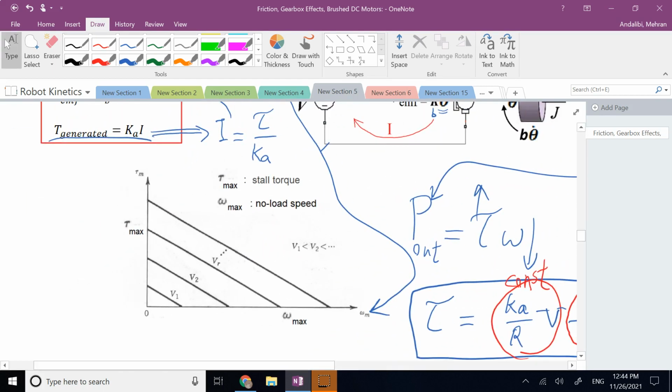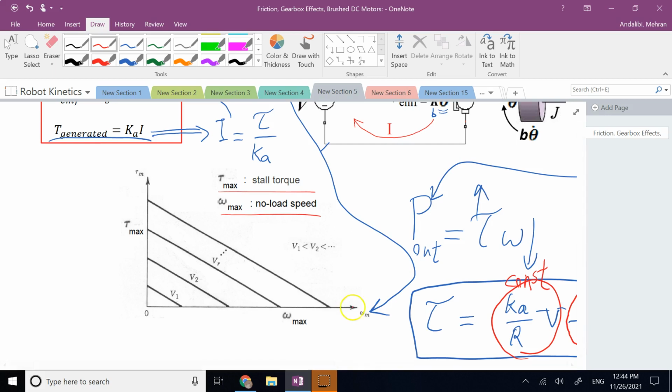Now, I want to also mention a couple of technical terms that you hear a lot here and there about the DC motor, and that is the stall torque and the no-load speed. So the stall torque is where the motor stops rotating. Why? Because the link that you want the motor to turn is so heavy, or there is so much force on it, that the motor is not capable of moving it.